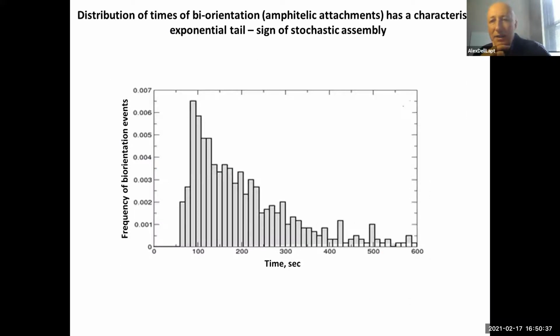Now, one of the things I wanted to show you is one of the signatures of the stochastic process of the spindle assembly. If you record the events of the so-called biorientation, which is what biologists like to call this proper amphitelic attachment, these events are distributed roughly exponentially in time. So you first have to wait a few tens of seconds for the first connection to be established, and then the majority of connections are established relatively rapidly, but a great part of them, more than half, take place slower and slower.